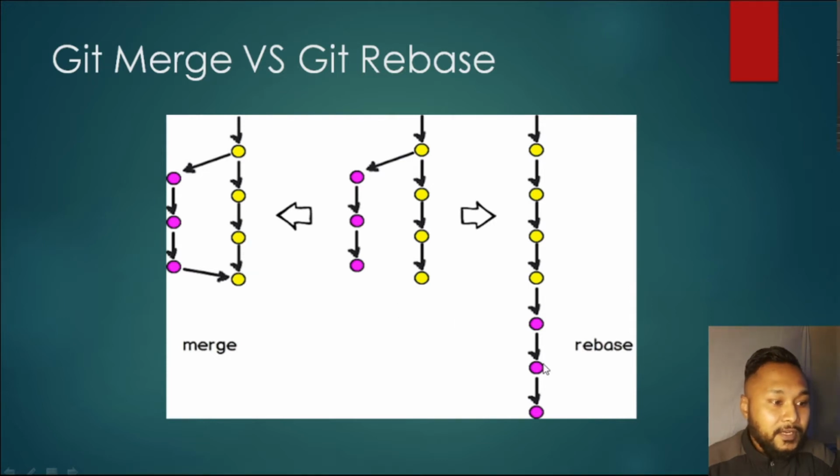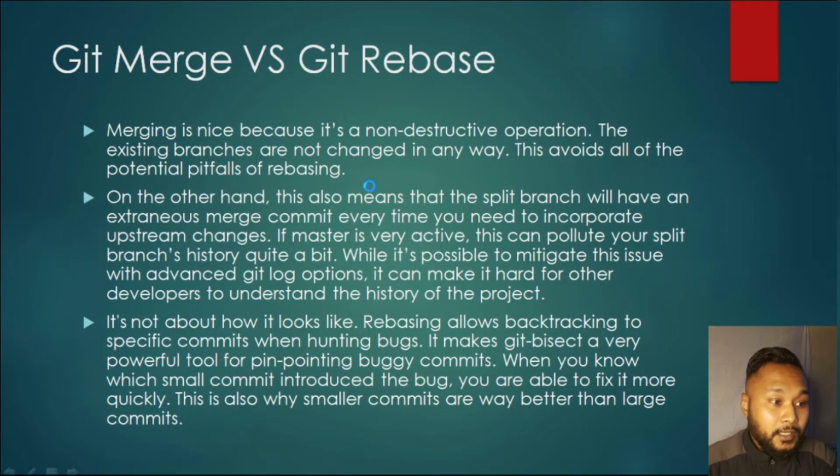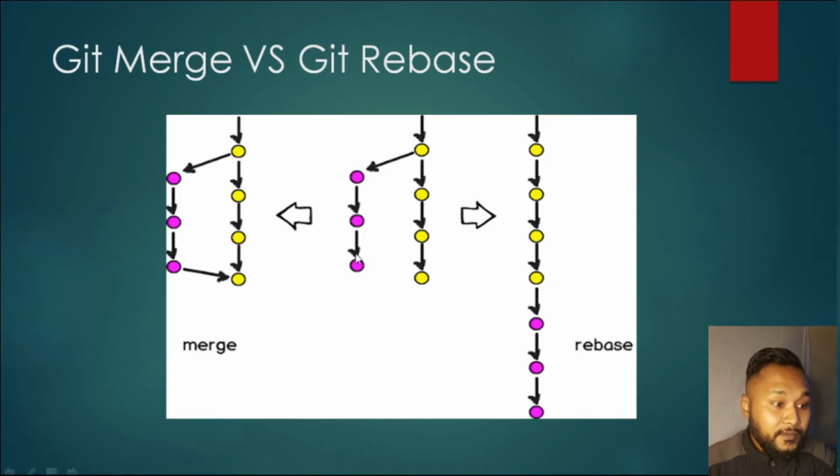In case of rebase, as you can see, the branching occurs and we have version 1 of feature, version 2 of feature, version 3 of feature, and when we rebase, all the tree comes along here.